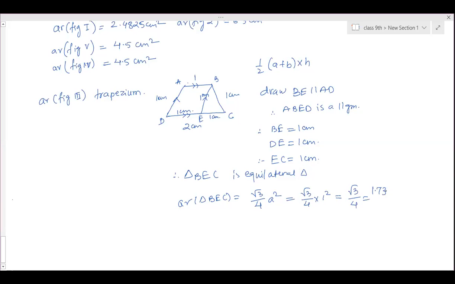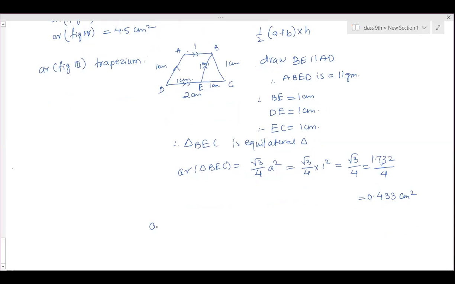Root 3 is 1.732 by 4, which is 0.433 centimeter square, the area of this triangle. Now area of the triangle is also written as half into base into height.